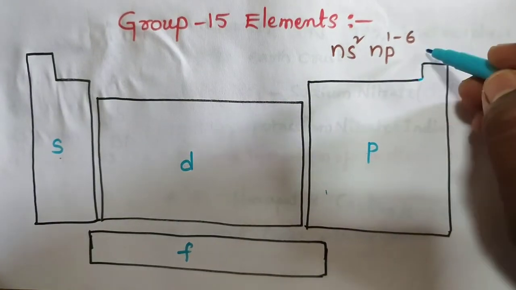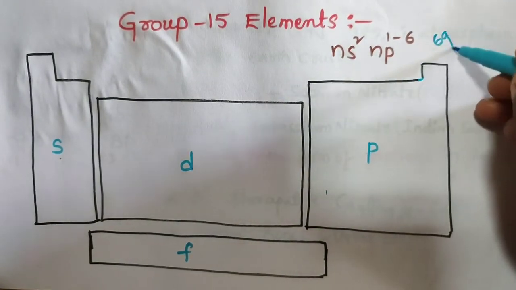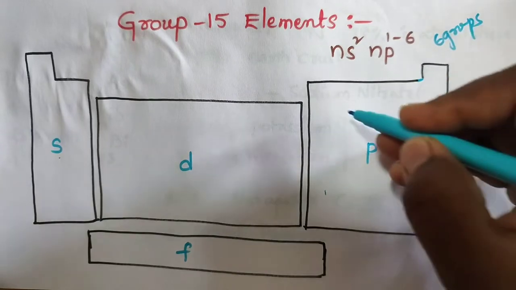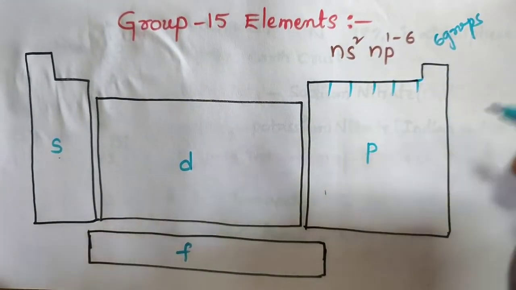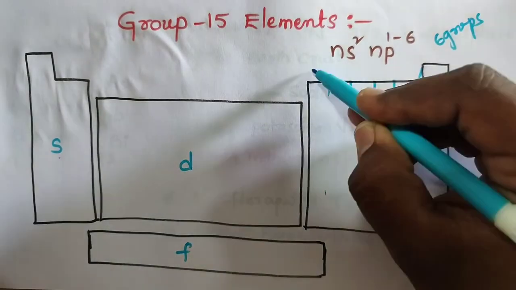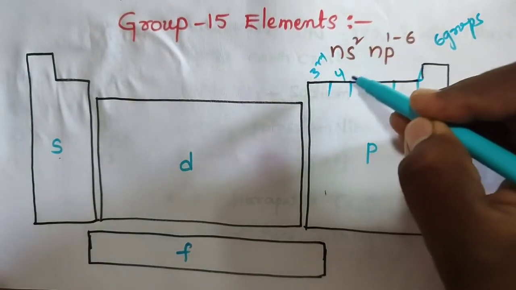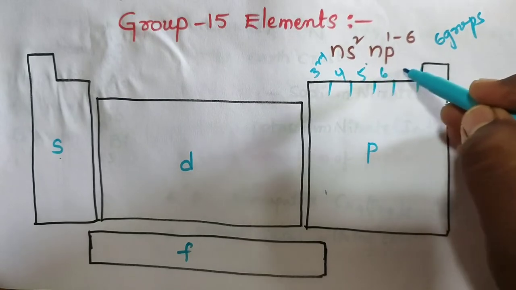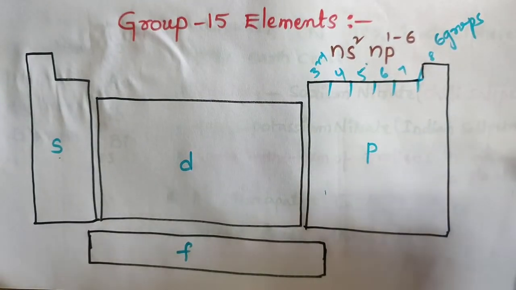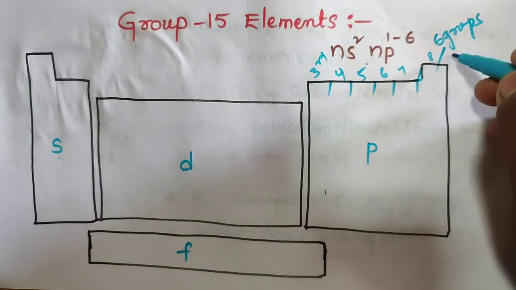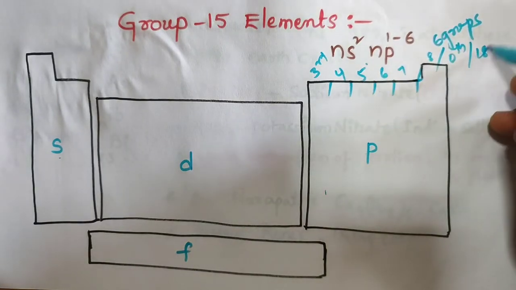In this, there are totally 6 groups: 1, 2, 3, 4, 5, 6. The groups are 13th, 14th, 15th, 16th, 17th, and the 18th group, or 0th group.